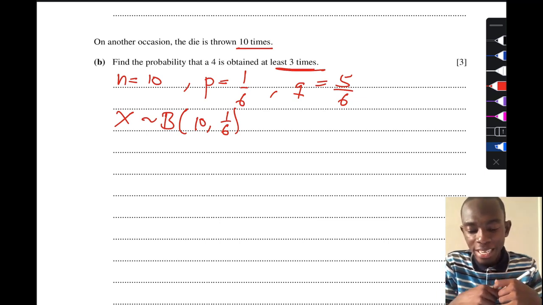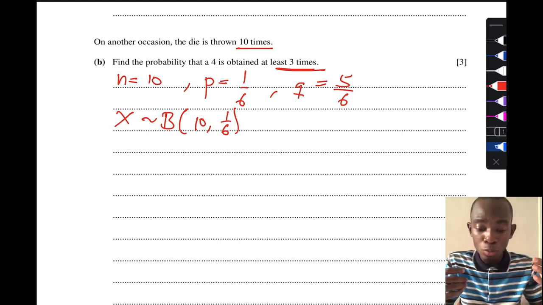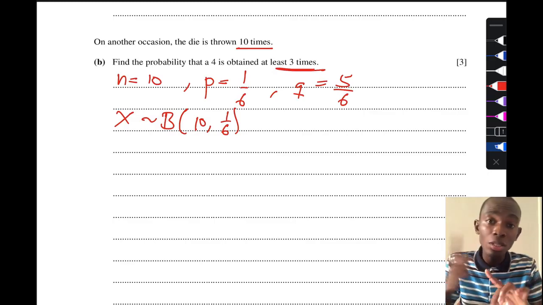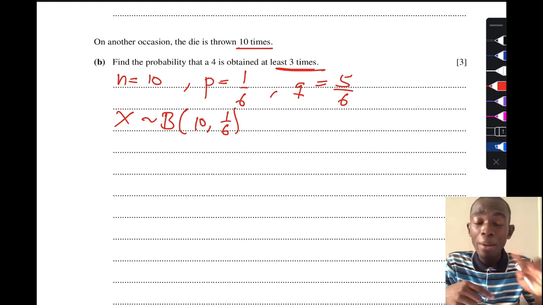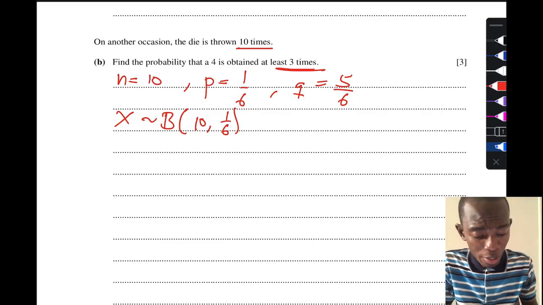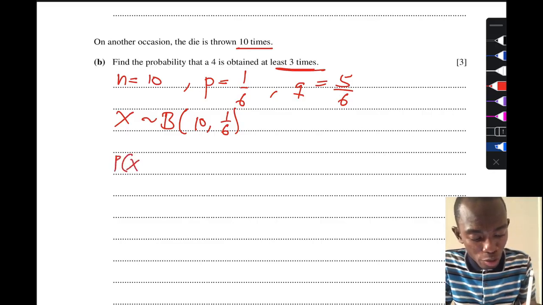All right, so now they said it's at least 3. So you are going from 3 to 4 to 5 to 6 to 7 to 8 to 9 and to 10. And that is a lot of work that I cannot do. Therefore, I'll do the flip side. I'd rather do 1 minus the probability that x is less than 3. That is a smarter way to go about it. So when we say at least 3, x is greater than or equal to 3.